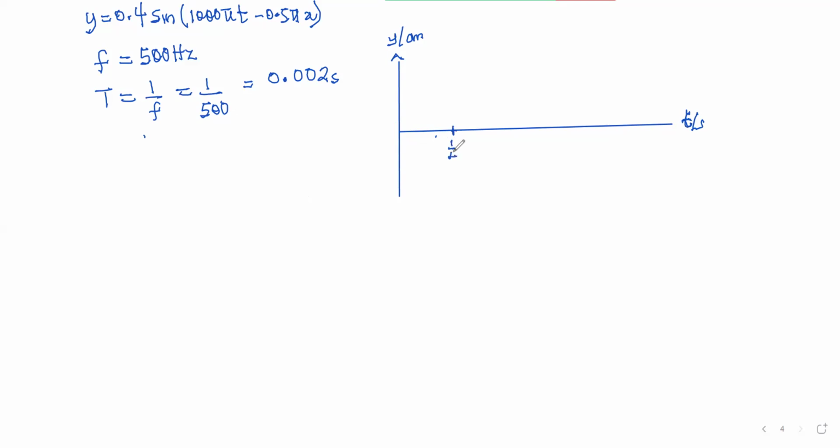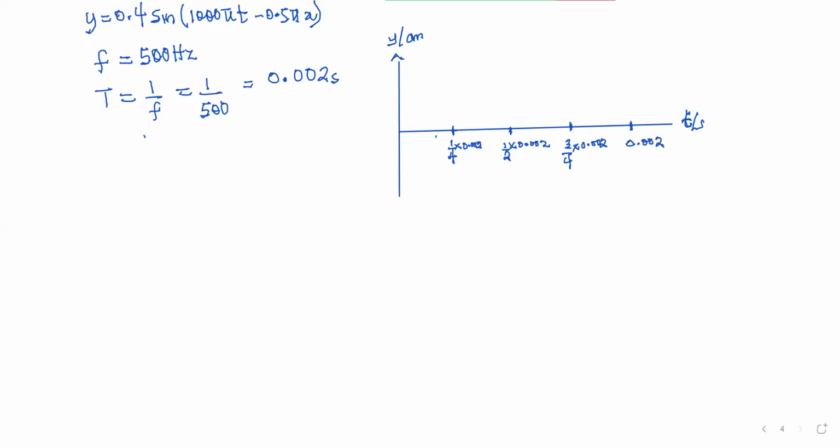Quarter of the period, which is a quarter of 0.002, then half of 0.002, 3/4 of the period, and then the full period, which is 0.002.